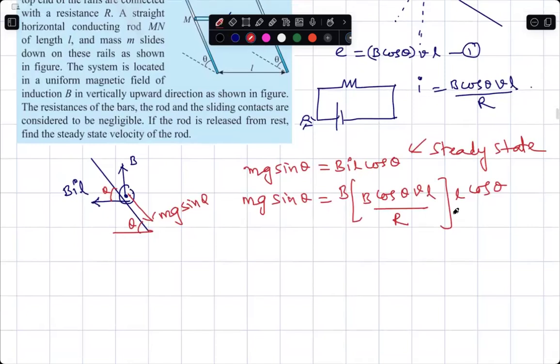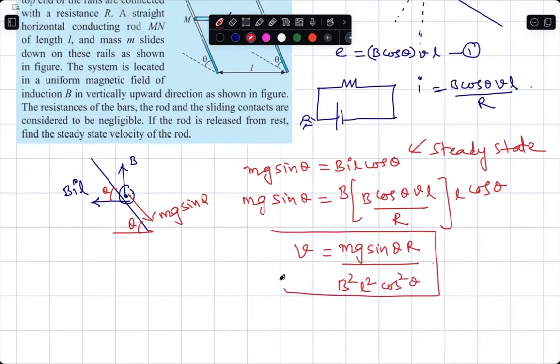So what do you have? Resistance. What is it that they want? Find the steady state velocity of the rod. Velocity is mg sin theta into R by B square L square cos square theta. Okay, that's all. Any doubts?